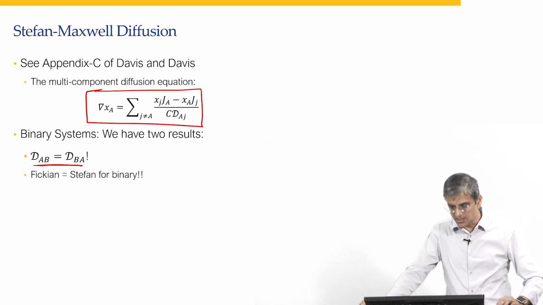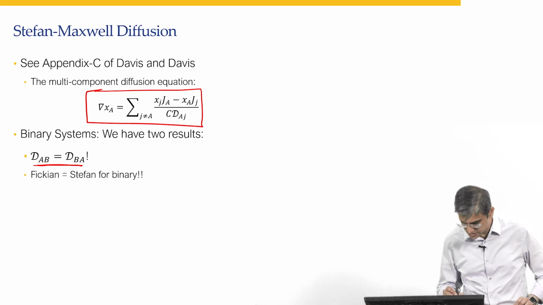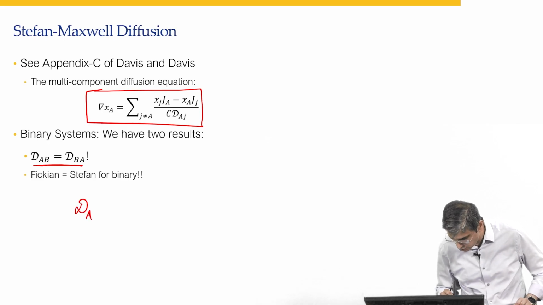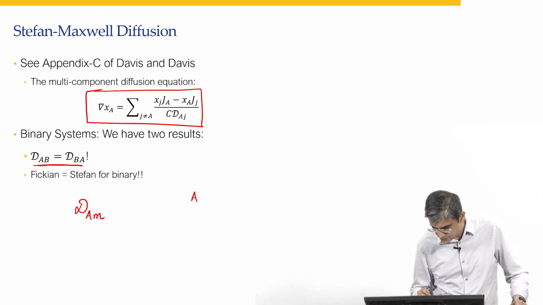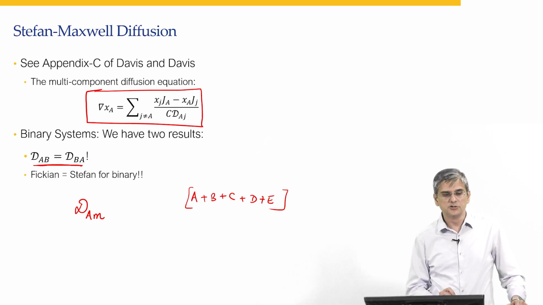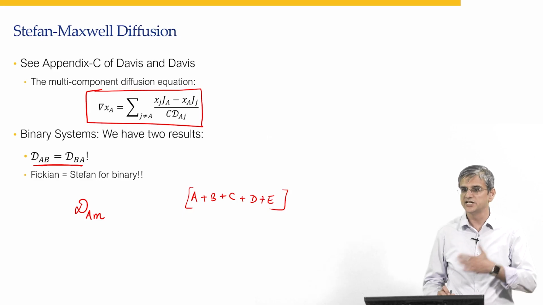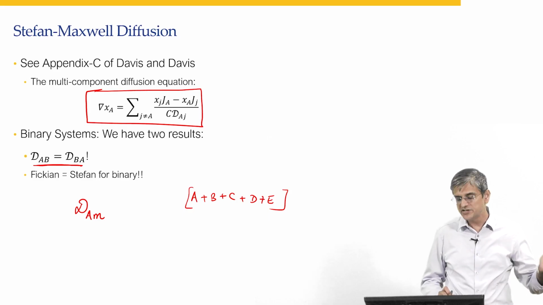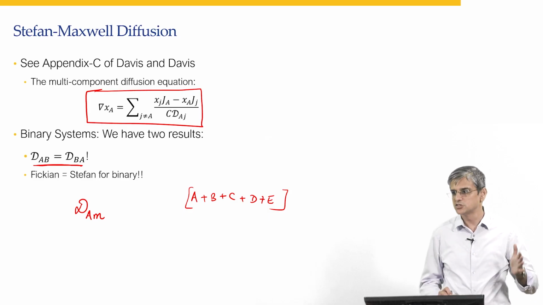The other thing that we will come to, not today, is something called DAM. Let us say you have a mixture of A plus B plus C plus D plus E, say 5 components. You have DAB, DAC, DAD, DAE. Likewise, you will have DBA, DBC, DBD, DBE and so on.